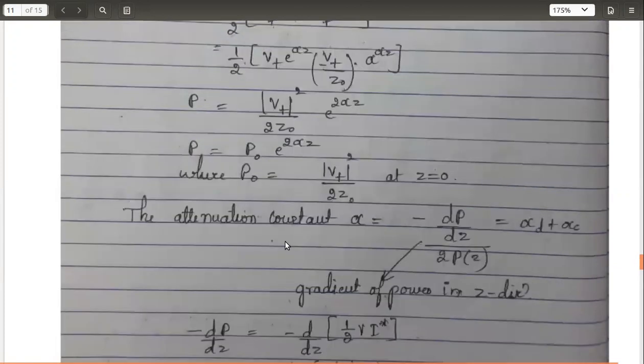So in the similar way, attenuation constant is how much of the power you are transmitting, in that part how much of the power is getting lost. Okay, that is in step change, how much value is changing.